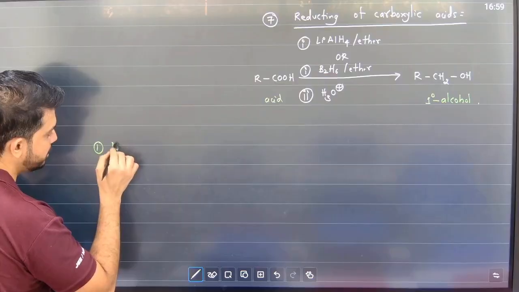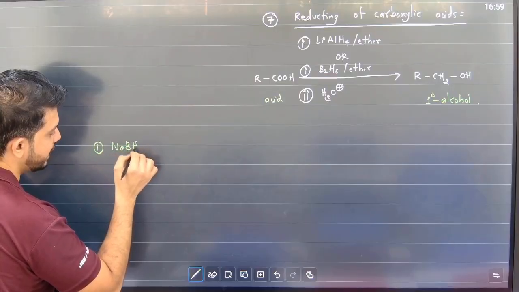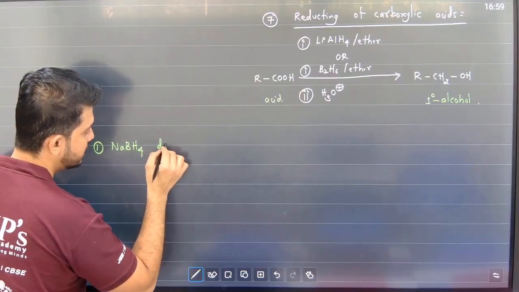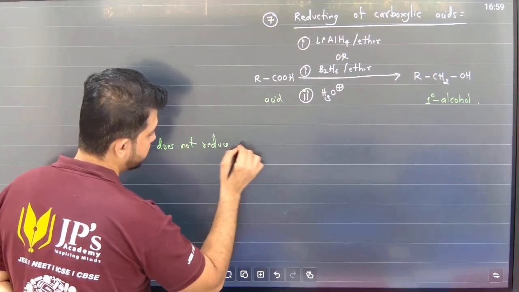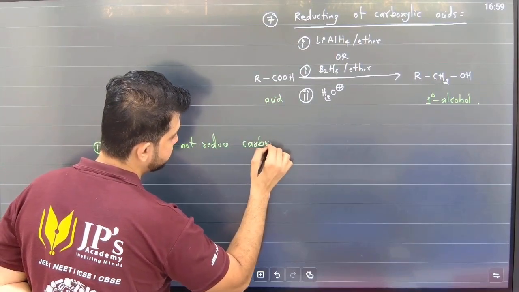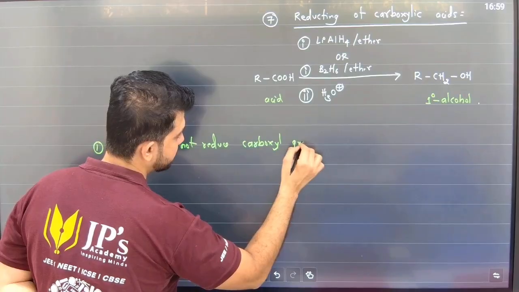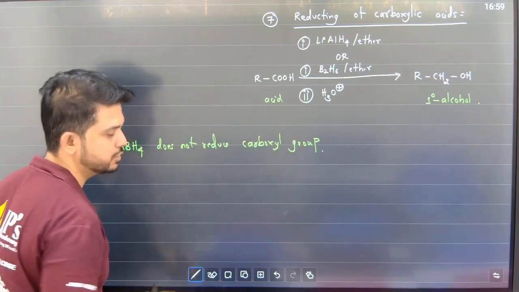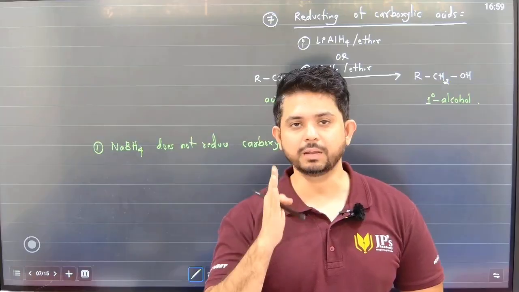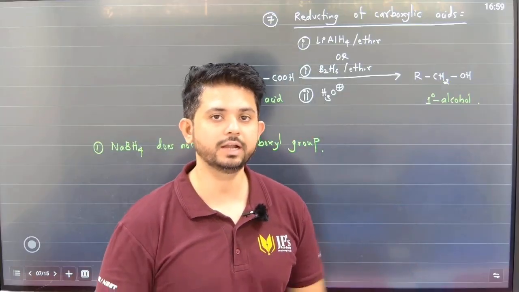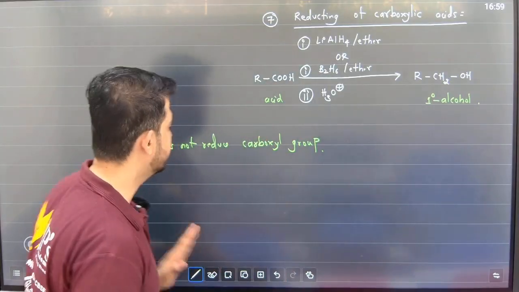So the first important point that we need to remember is NaBH4 does not reduce carboxyl group. NaBH4, sodium borohydride, does not reduce carboxyl group.